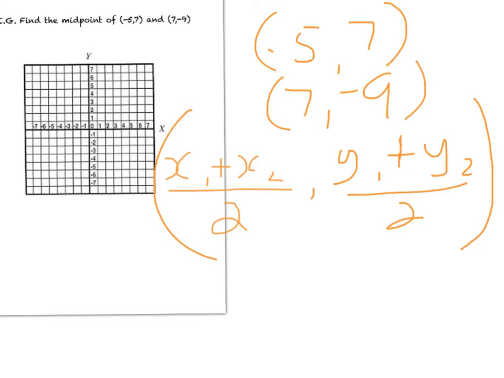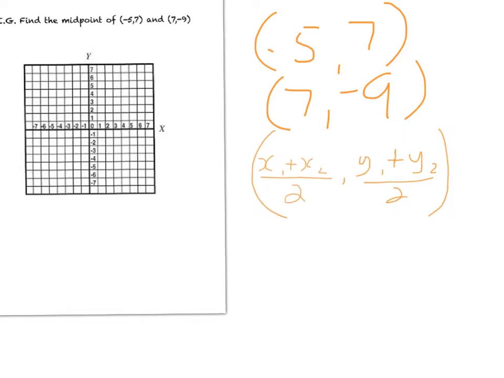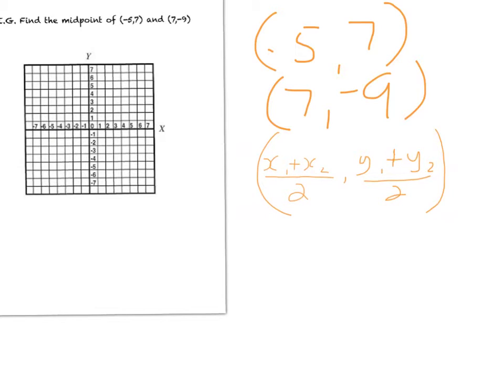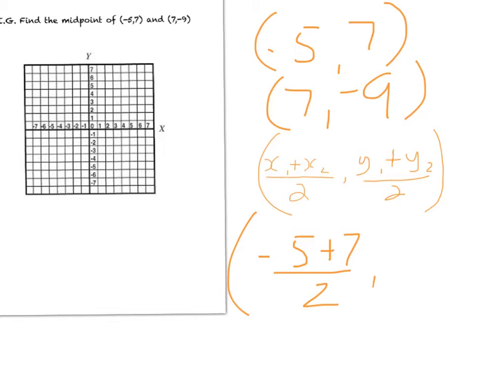Now, using our example here, x1 is -5, x2 is 7, so -5 plus 7 over 2, comma, and 7 plus -9 over 2 is going to be our y coordinate midpoint.